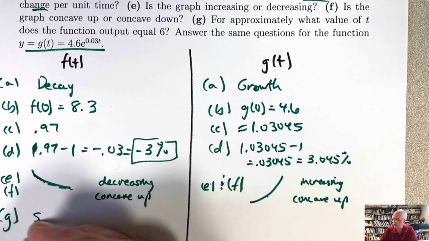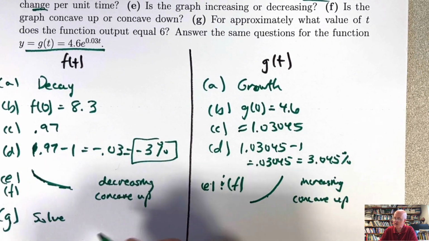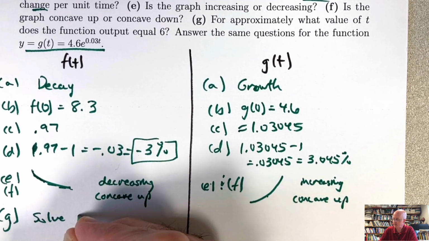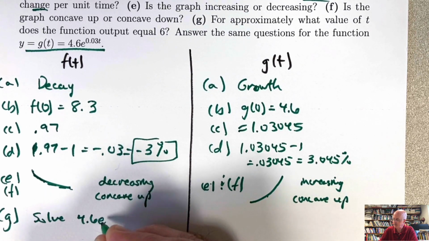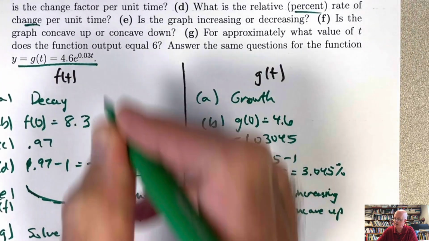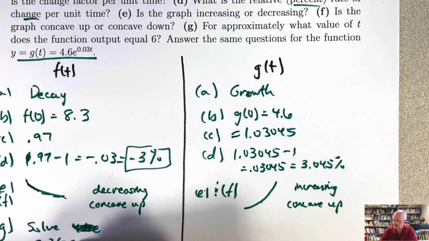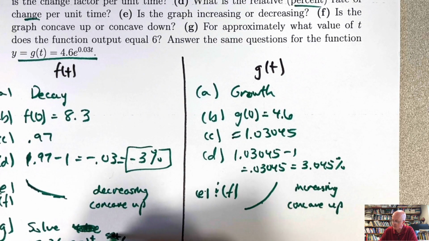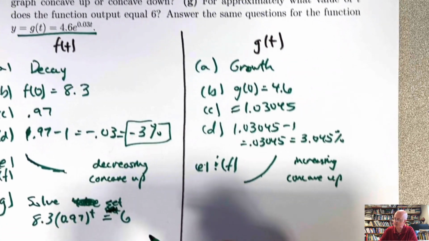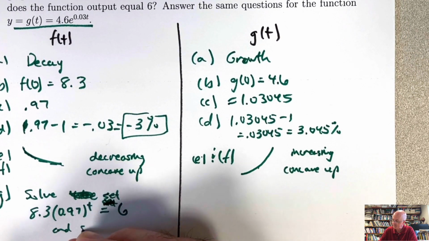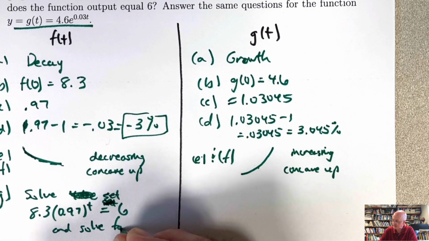We want to solve for when the function output equals 6. So in this case, we want to solve for the first function here, f of t, 8.3 times 0.97 to the t power. I want to set that equal to 6 and solve for t.